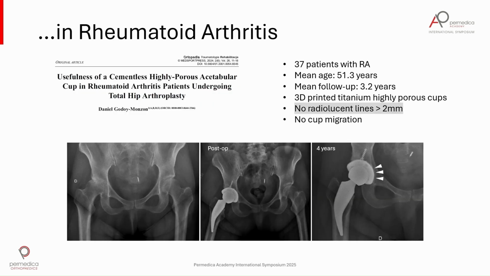These show the load transfer, which is really good, but the problem is that the radiolucencies we found are because the cup is flat in the polar zone. So sometimes we need to do something about that, a little bit of reaming. This is a technical issue that we are trying to figure out over time to understand what is happening.